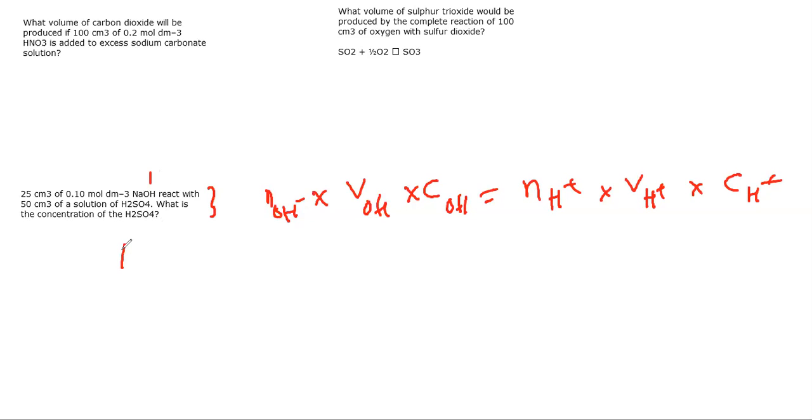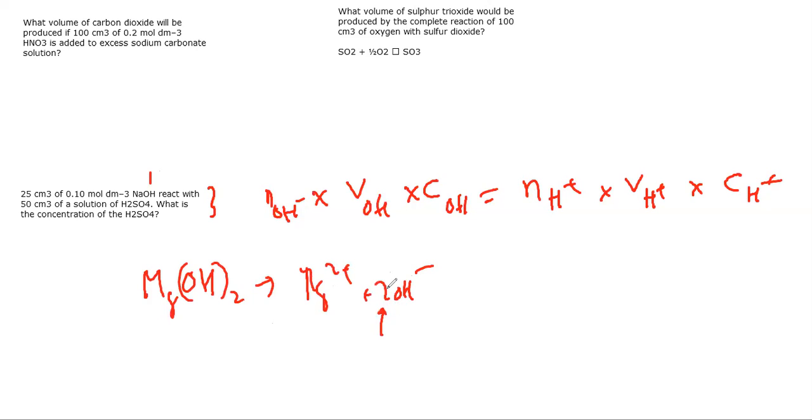For example, magnesium hydroxide, Mg(OH)2, you have 2 OH because it becomes Mg2+ and 2OH−. So in this case, you have 2 OH.